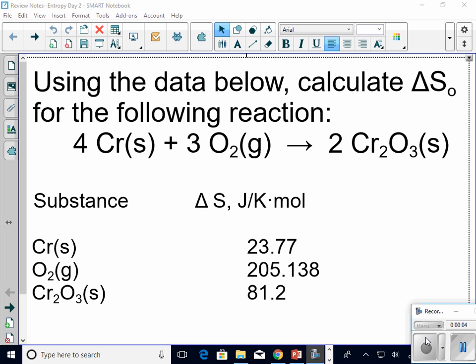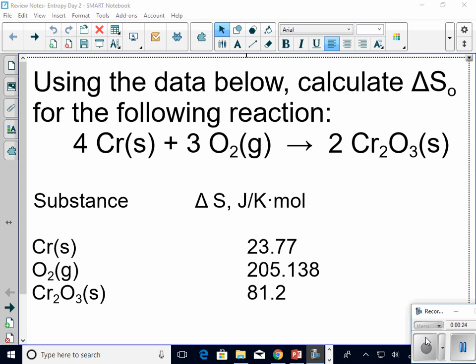Okay, as I look at this, ladies and gentlemen, it says, using the data below, calculate the delta S sub 0 for the following reactions. Well, S sub 0 is the standard entropy.